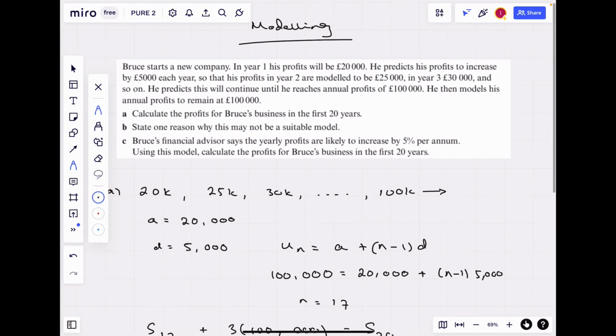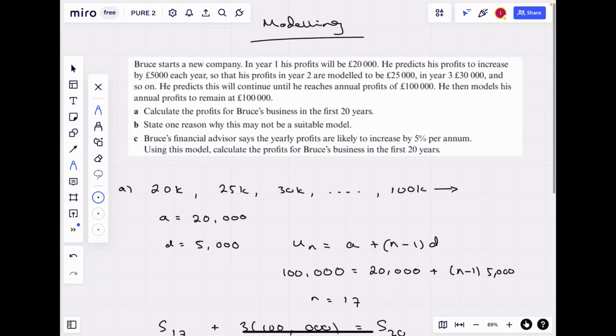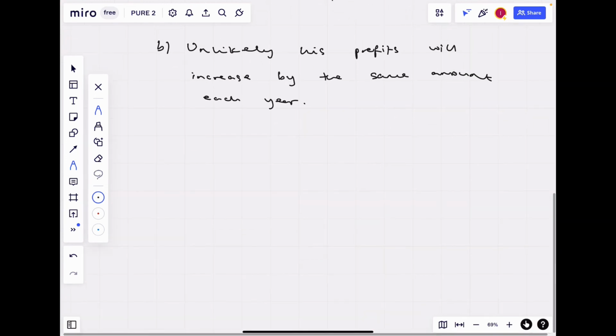Okay, part C. Bruce's financial advisor says the yearly profits are likely to increase by 5% per annum. Per annum means per year. Using this model, calculate the profits for Bruce's business in the first 20 years. Okay, so instead of increasing by 5,000, it's increasing by 5%, which means it's going up by 5%.